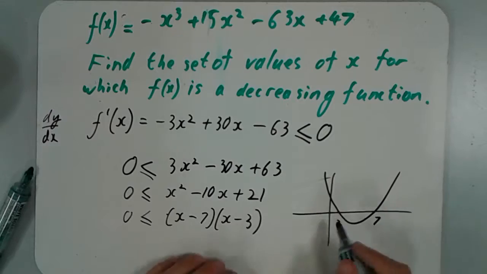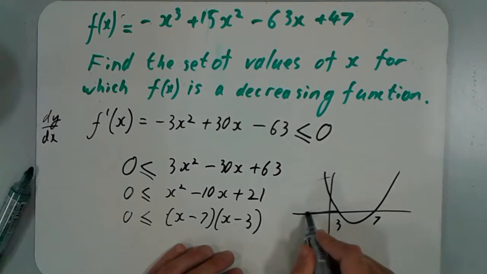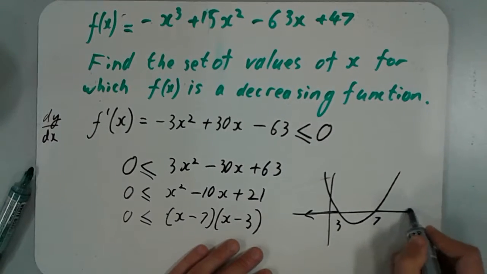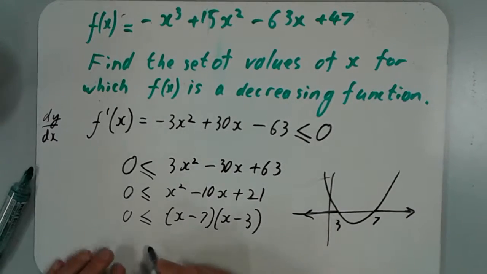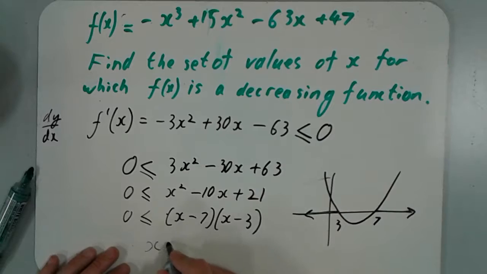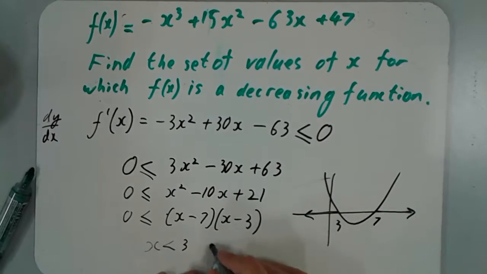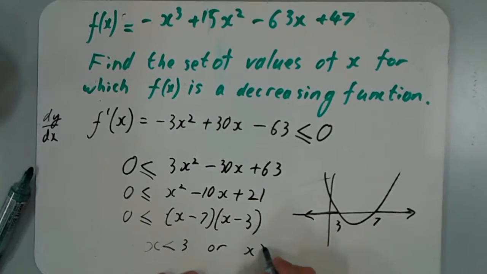And we're looking for where this quadratic is greater than 0, those sets of x values. So we're looking at x is either less than 3 or x is greater than 7.